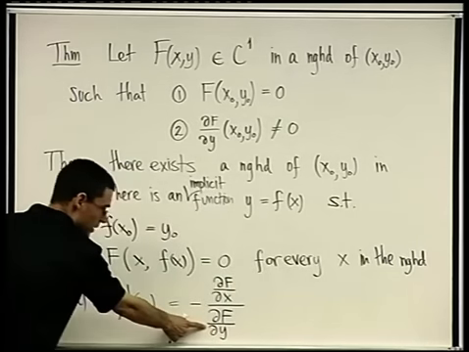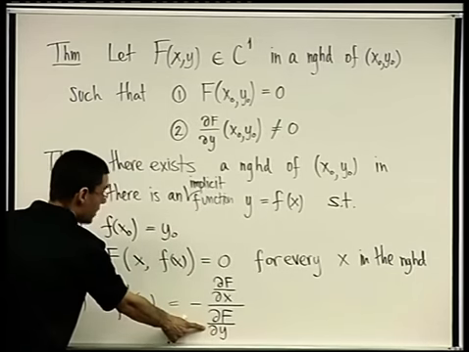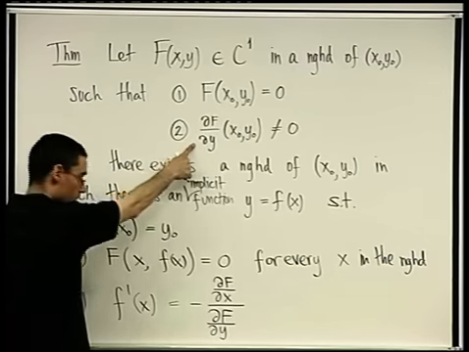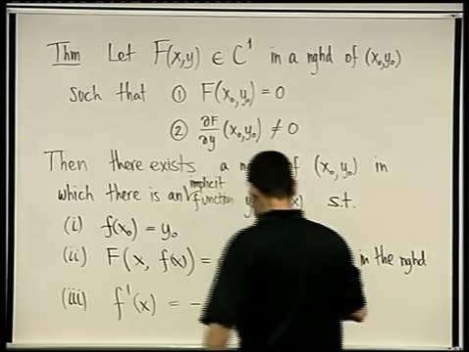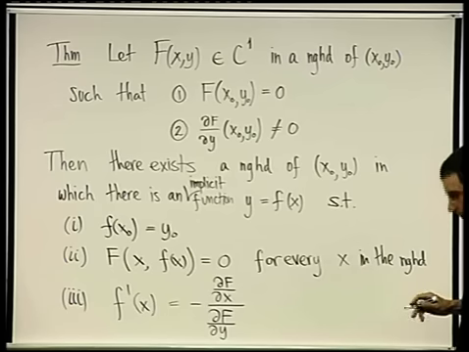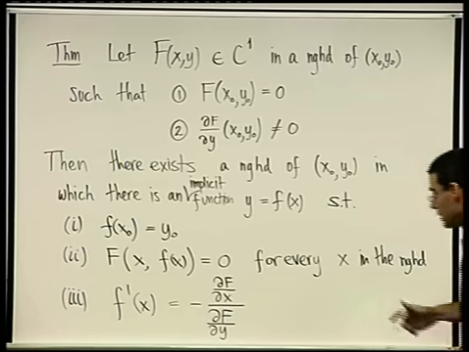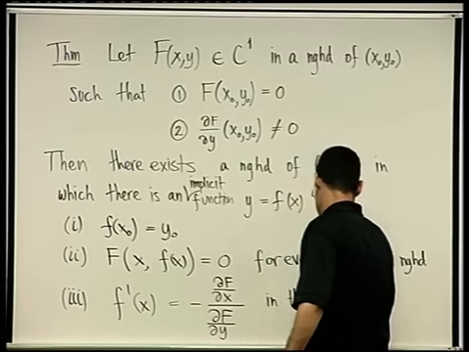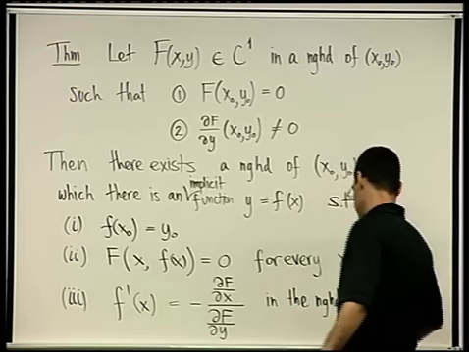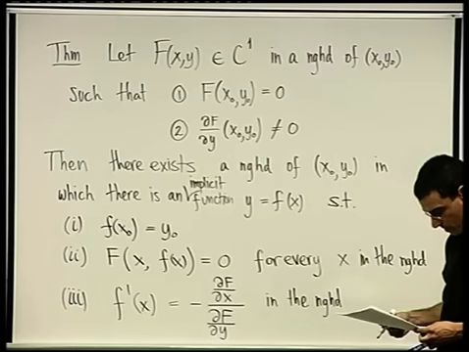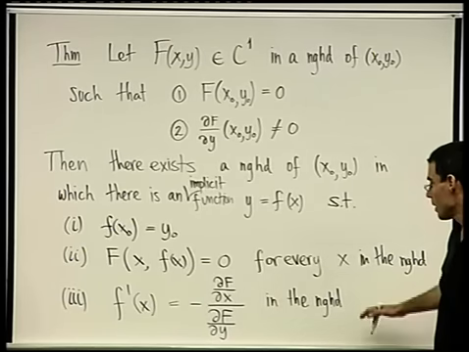And remember that the denominator here is not 0. That was this assumption here. And this is again in the neighborhood. Clear?